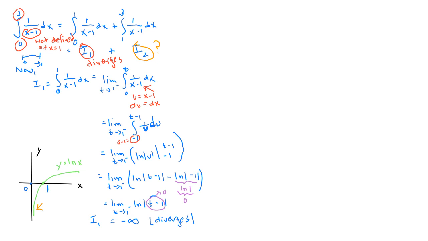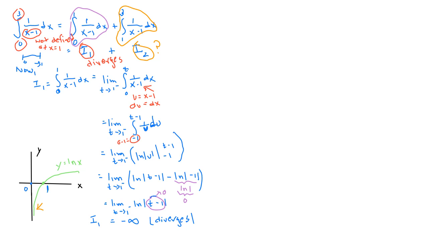That's right. Well, here's the second integral. But given that the first integral diverged, would the sum of the two integrals diverge? Yes. It would, even if the second integral converged.